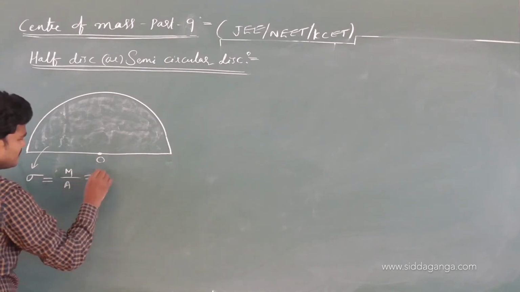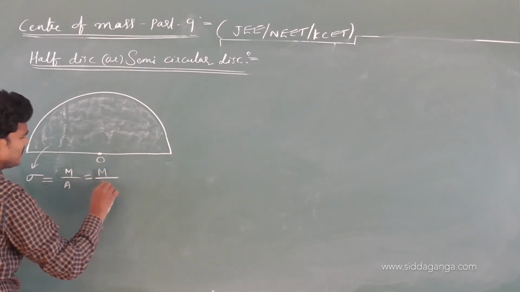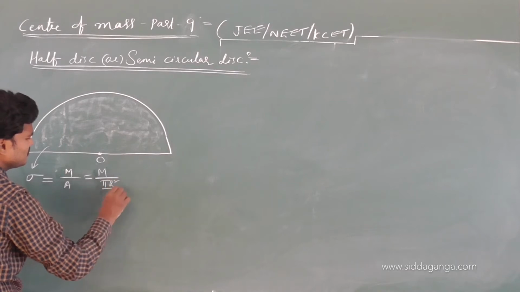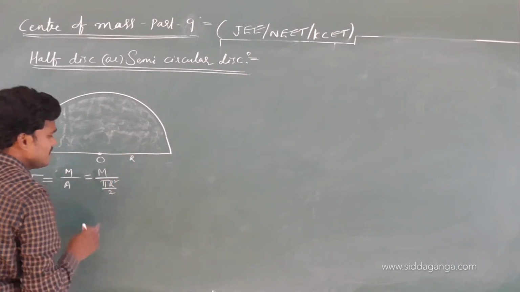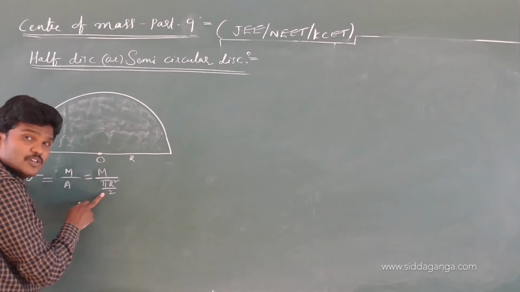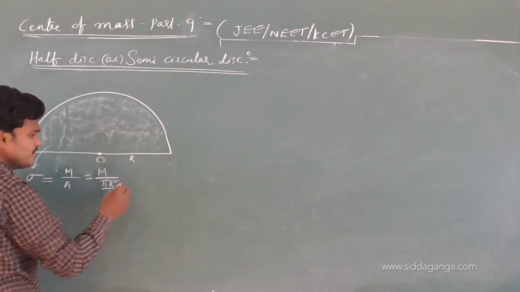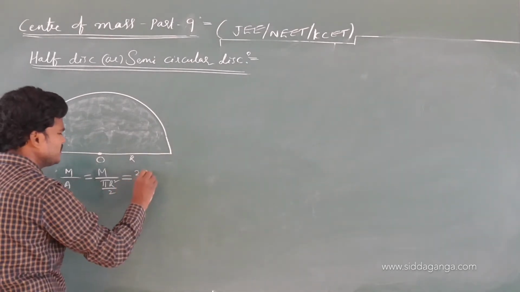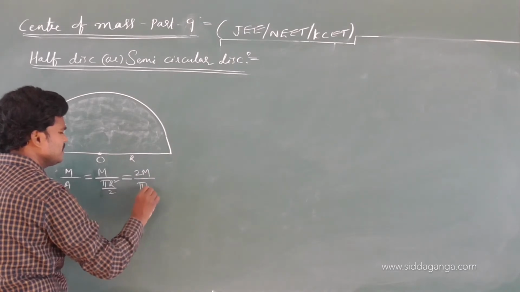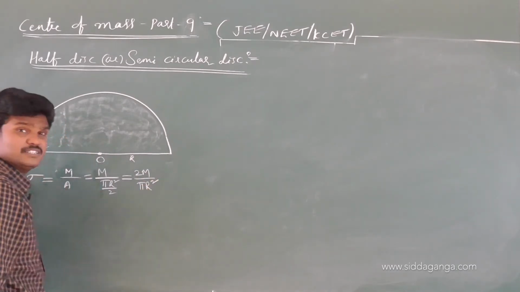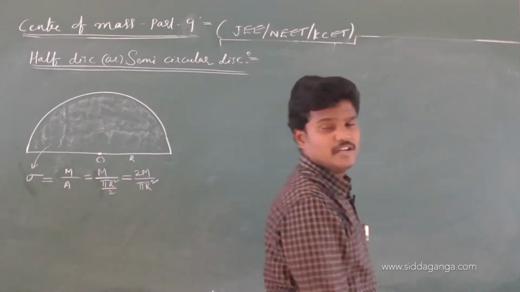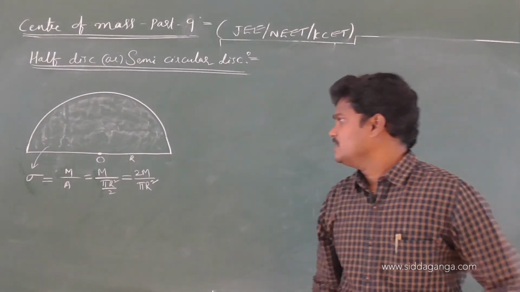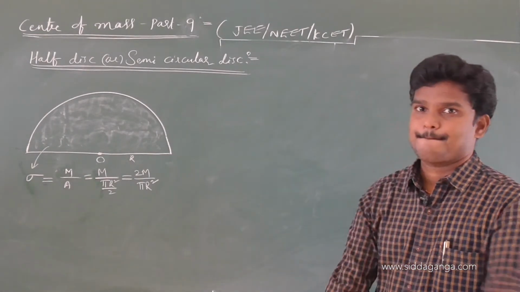The area is pi r square by 2, because pi r square is for the full disc. So sigma, the areal density, is 2m by pi r square.